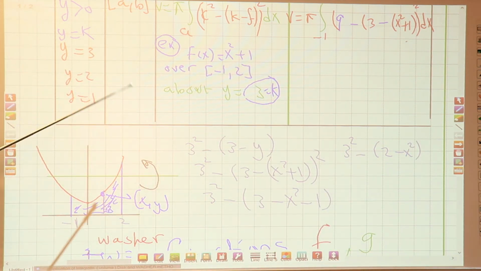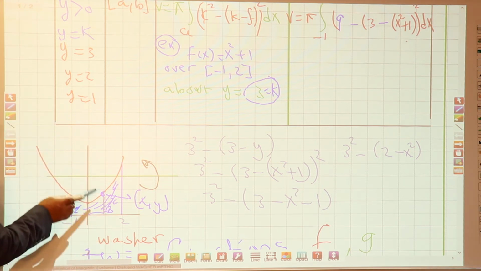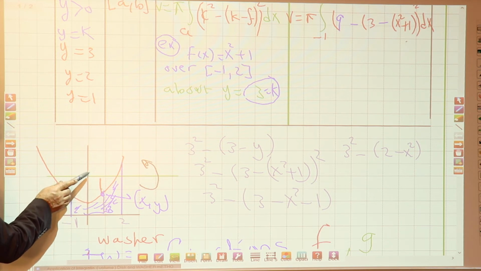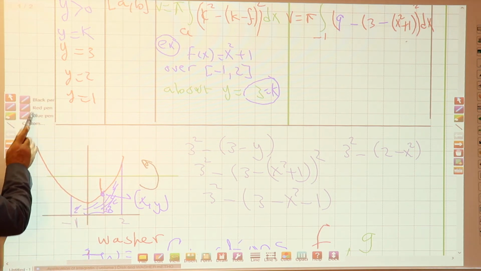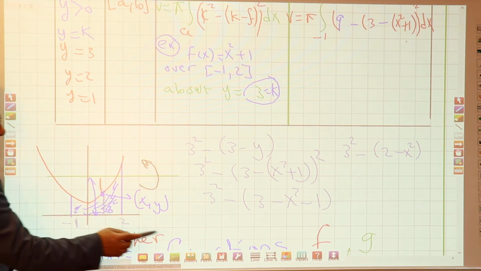Good? K minus the Y, 3 minus the Y, gives you this piece. And 3 minus the Y gives you this small piece. When you do 3 squared minus this, from here to here, this is the 3. 3 minus this gives you what we need.